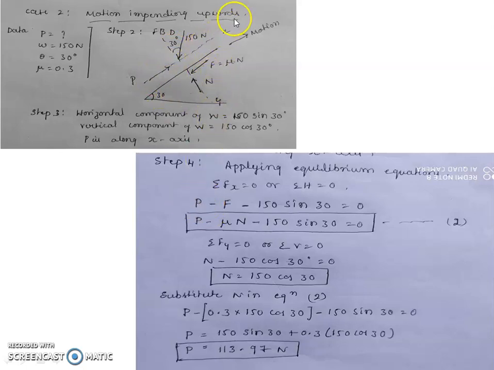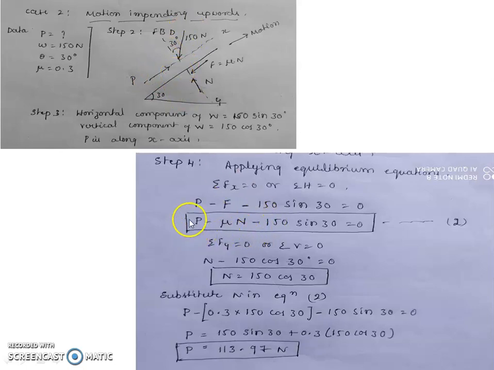Since the body is moving upward, my friction will be generated opposite the movement of the body, that is towards downside. Hence it is minus F because it is acting towards the left side. I took it as minus F. And the weight of the body, if I resolve into x component, then it will become 150 sin 30, and for direction it is acting towards the left side, so it is minus.